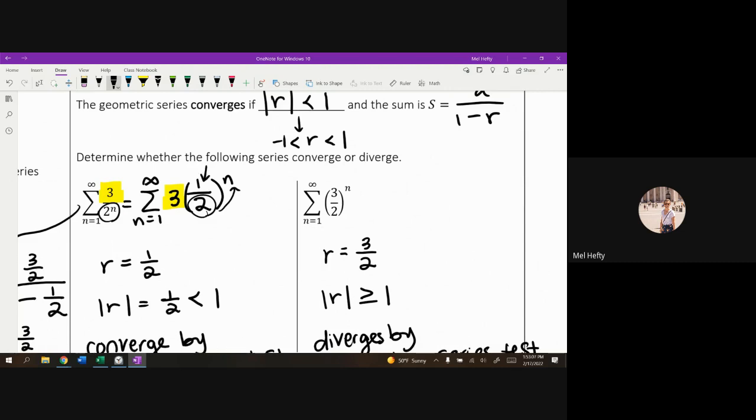Dividing by 2 over and over is the same thing as multiplying by 1/2 over and over. Here, if I wrote this one out separately, I would have 3 to the n over 2 to the n, so both of those would have an n power on them. So it's the difference between those 3s. Absolutely. Yeah, you could do 1 to the power of n. If you multiply infinite ones, you get 1.